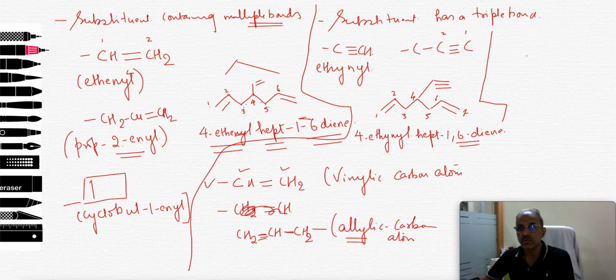Now what do you mean by, suppose if this is A and this is B, this is also A and this is also A, right?